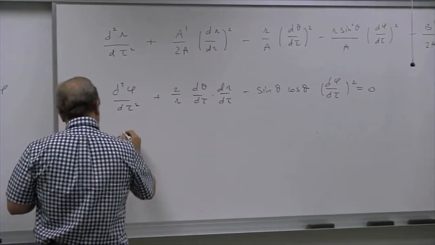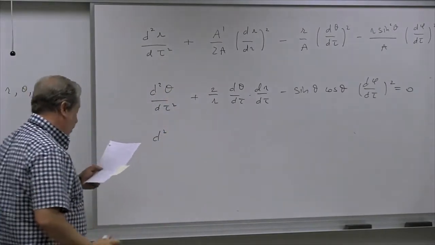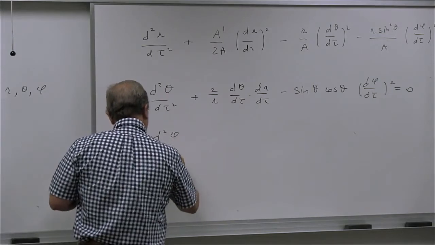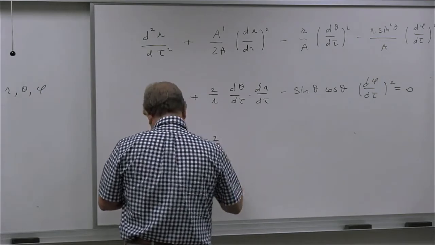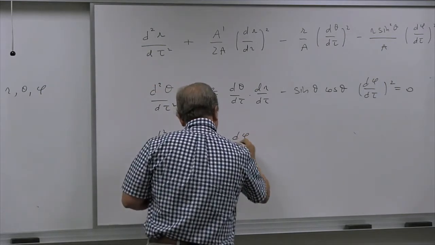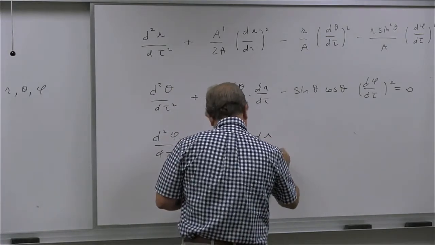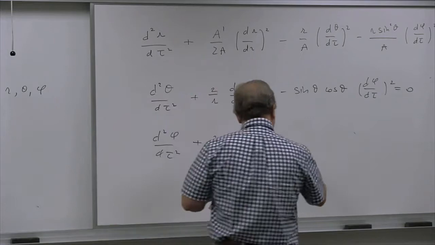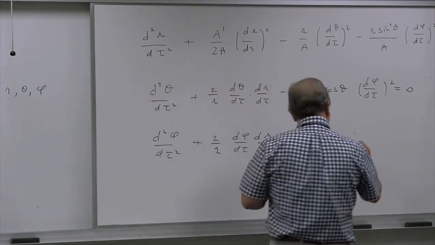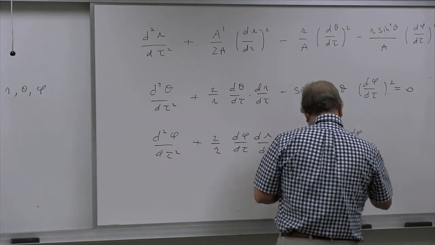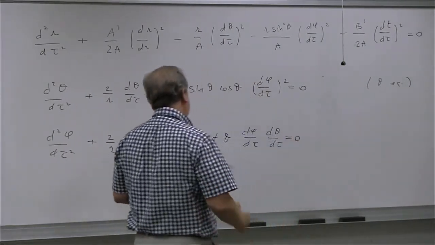Then second derivative of phi, sorry, the previous one was supposed to be theta. Second derivative of phi with respect to tau squared plus 2 over r d phi by d tau dr by d tau plus 2 cotangent of theta times d phi by d tau and d theta by d tau, and that is equal to 0, right?